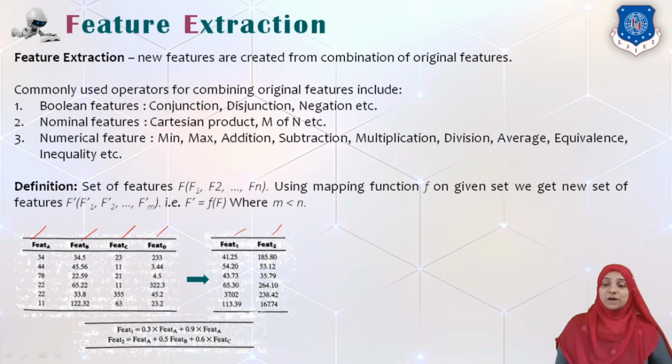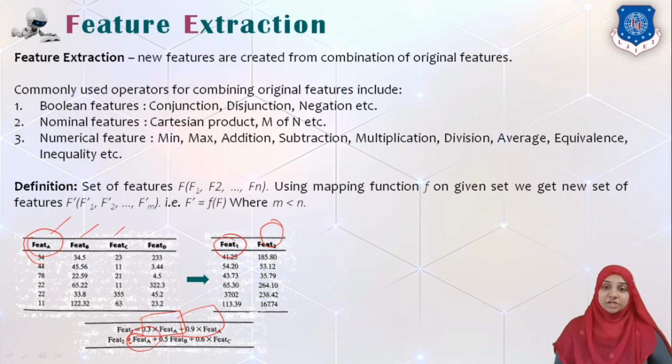So how are these values produced? Feature 1 is calculated as 0.3 of feature A plus 0.9 of feature A. So this feature is extracted from feature A itself, and feature 2 is extracted from features A, C and D.